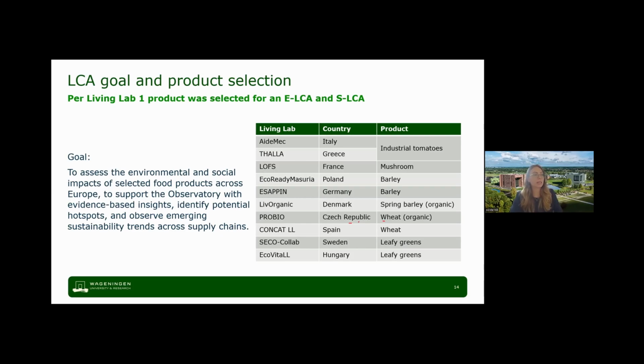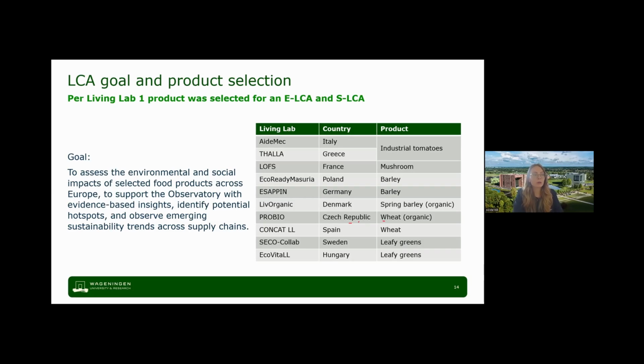And then we had to select some products. All the living labs, there are 10 living labs, all of them have a selection of products. And we, in the end, made this selection of products. So we have industrial tomatoes, mushroom, barley, wheat, and leafy greens.